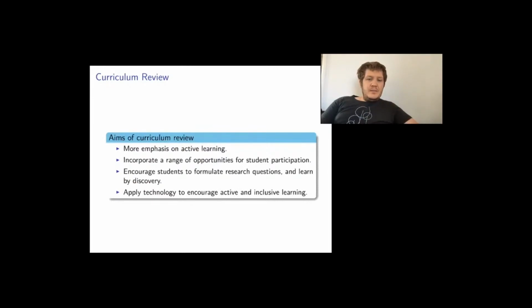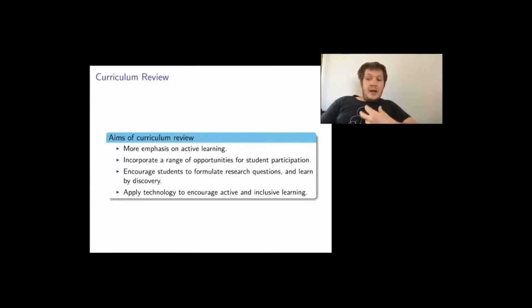So this leads us quite naturally onto curriculum review. For curriculum review, the aim is to update how we teach, although of course we've also taken the opportunity to refresh the content a little bit as well. The aim of curriculum review is to put a lot more emphasis on active learning and correspondingly reduce the emphasis on passive lecture experiences.